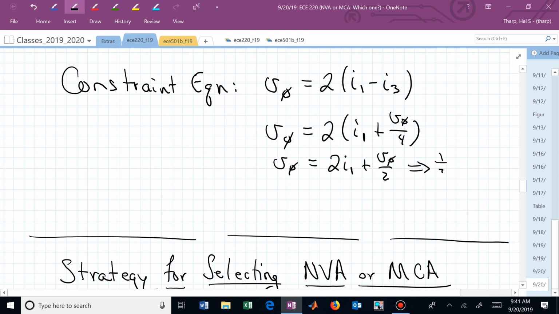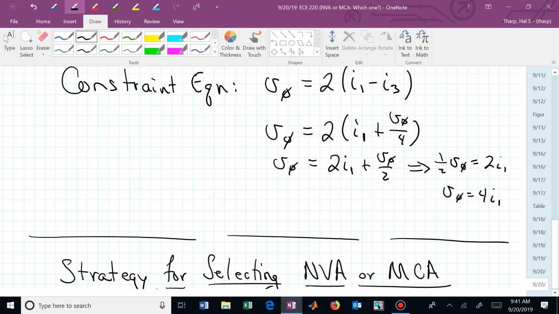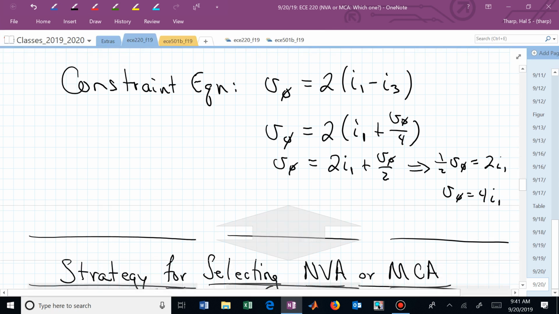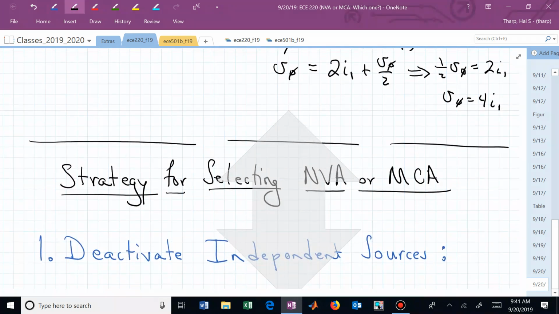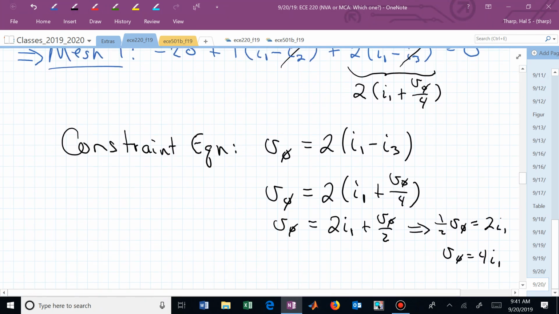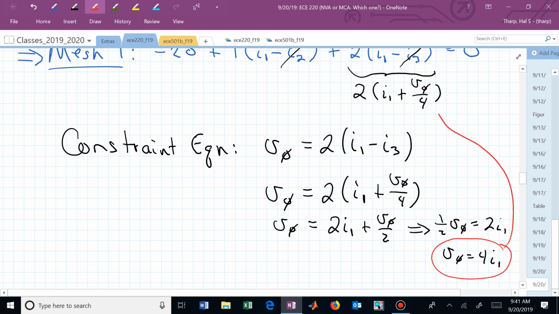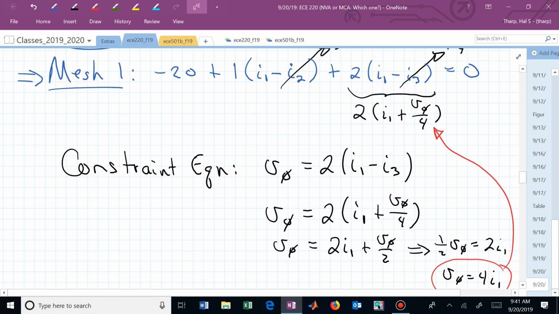We have 1/2 V sub phi is equal to 2I1, or V sub phi is equal to 4I1. And this we can now use up there. We now replace V sub phi with 4I1, so now that just becomes another I1.